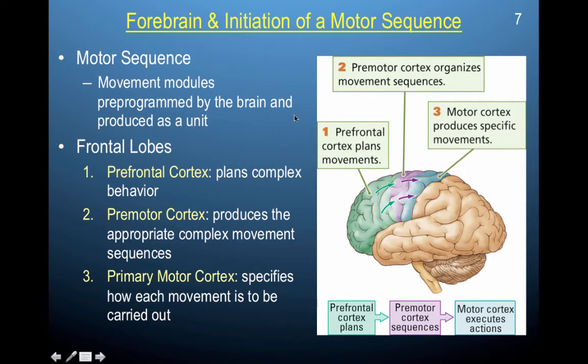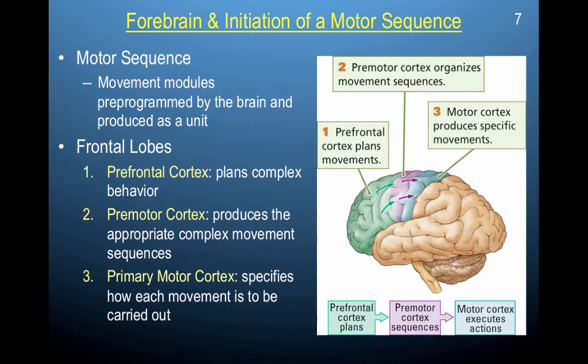So when we plan a movement, how does this motor sequence actually occur? Movement modules are pre-programmed by the brain and produced as a unit. The frontal lobes are really important for planning complex behavior, and they plan all forms of complex behavior.